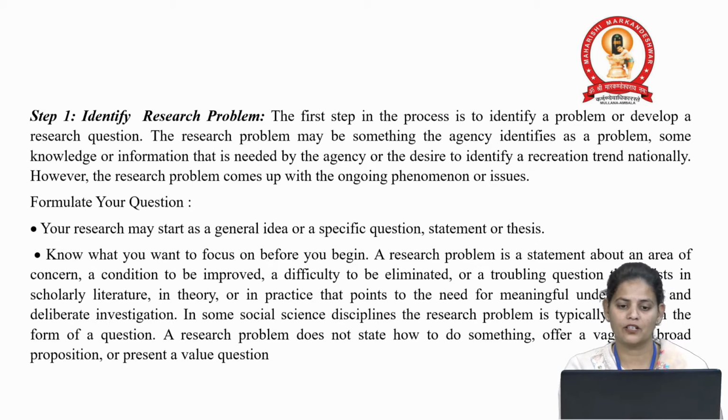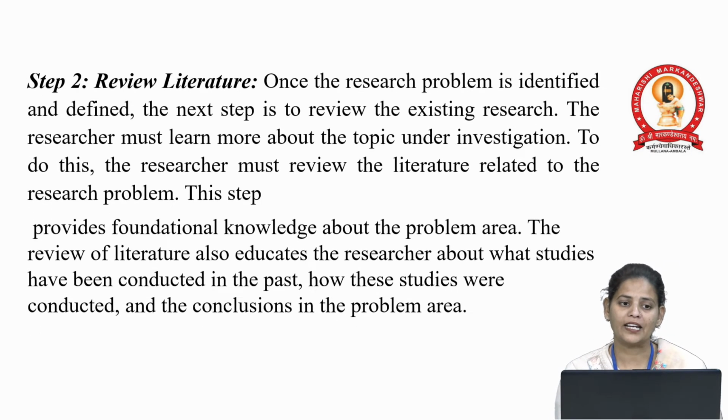So, the second point is, after identification and formulation of the problem, you have to review literature. Once the research problem is identified and defined, the next step is to review the existing research.